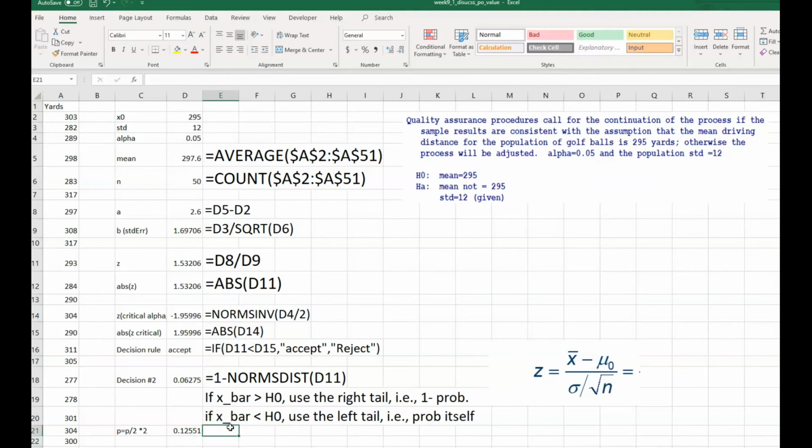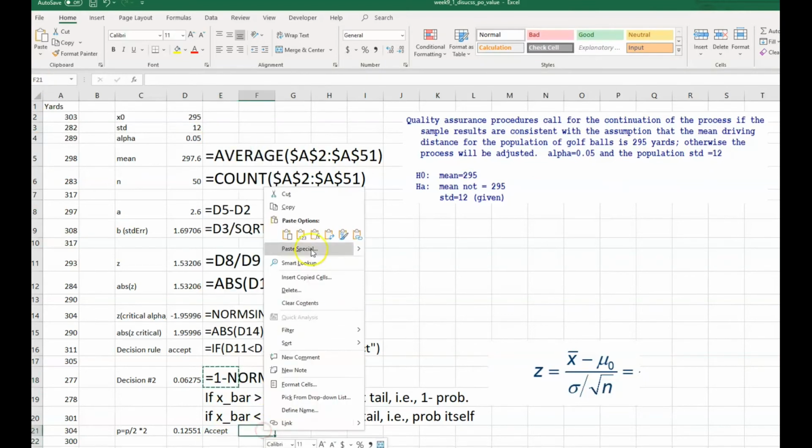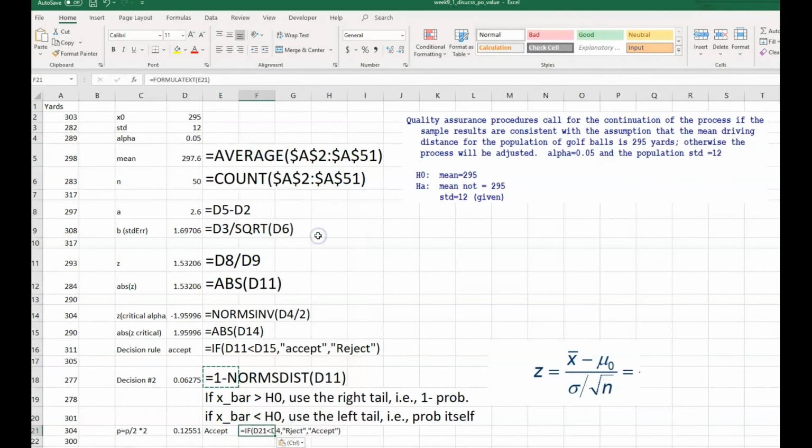So this is the decision rule. If the P value is less than alpha, we reject, otherwise accept. Obviously, we accept. I'm going to copy the formula here.